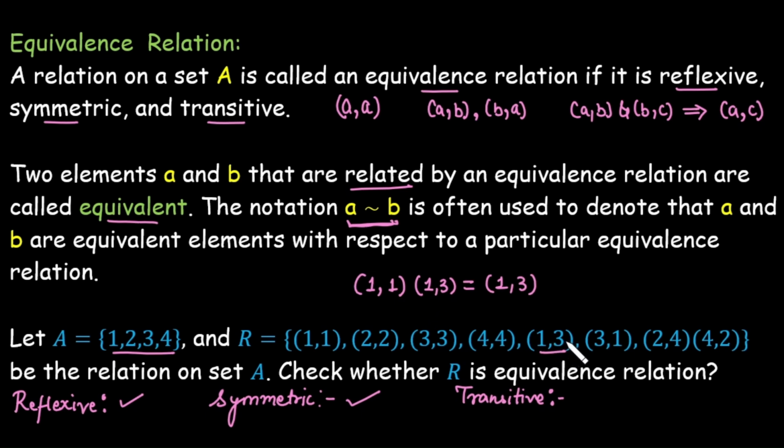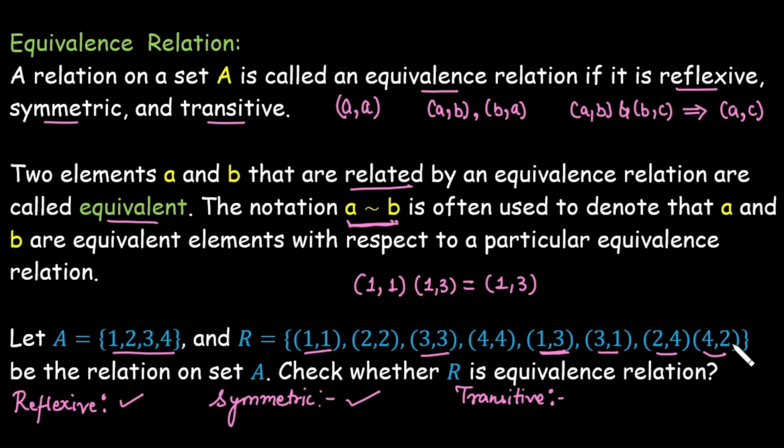1 is related with 3 and 3 is related with 1. Ultimately, we are getting 1, 1 as an ordered pair and it is there. For the next case, 3 is related with 1 and here 1 is related with 3. So you will get 3, 3 as the ordered pair and it is already there. 2 is related with 4, 4 is related with 2.